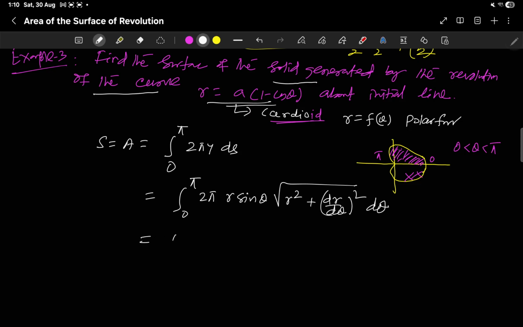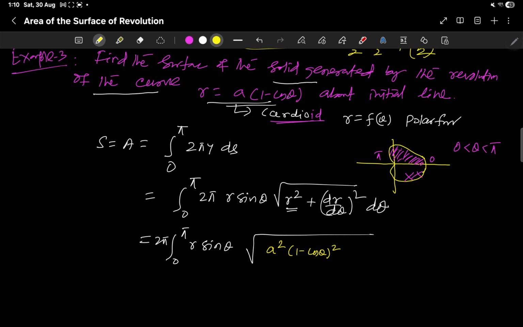So now this will be the integral from 0 to pi of 2 pi r sin theta. Here, r squared is a squared (1 minus cos theta) whole squared.